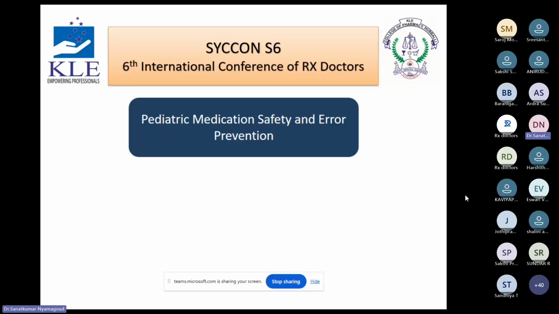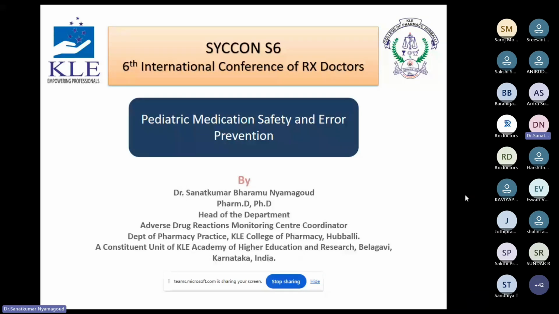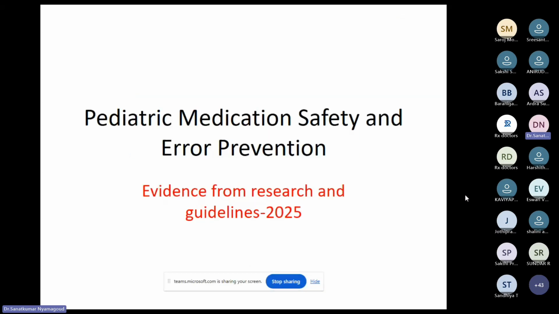With due course, we'll try to understand why pediatric medication safety is very important to us and why it is necessary to prevent errors. Let us understand medication errors as a part of academic clinical pharmacy.